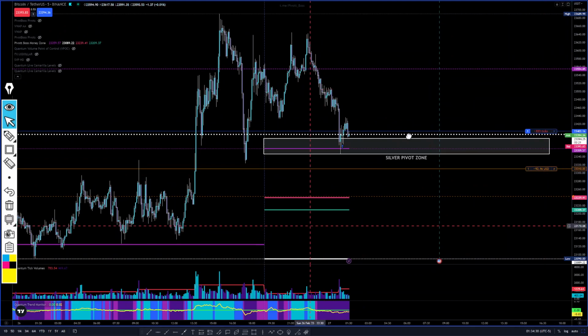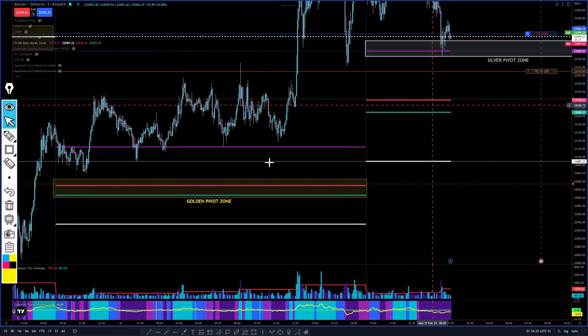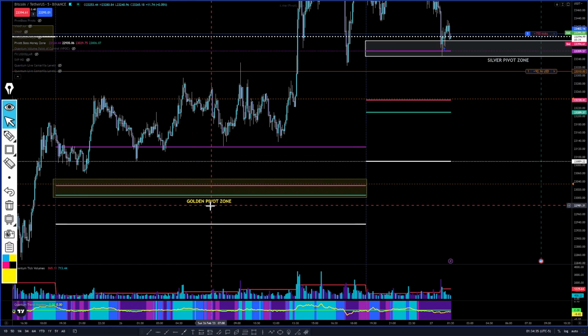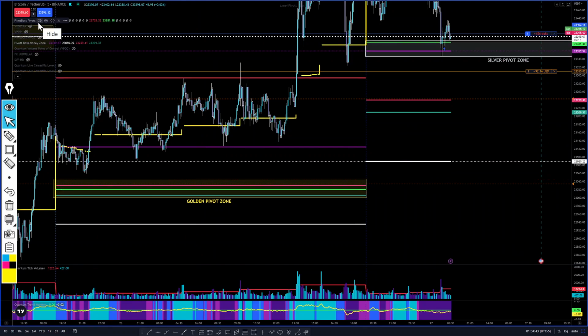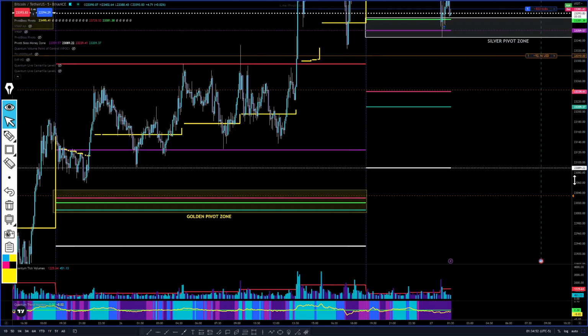So as you see, I have something marked here, the golden pivot zone, right? That's where the central floor pivot lines up. Let me turn that on a little bit. That's the central floor pivots.